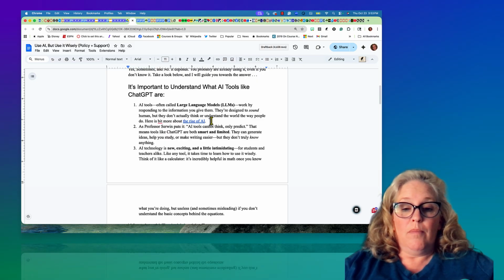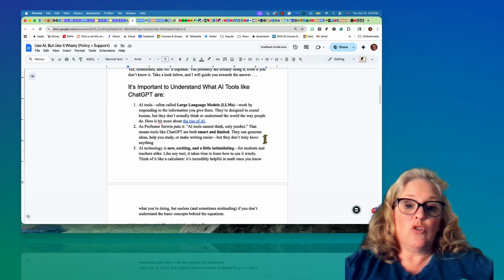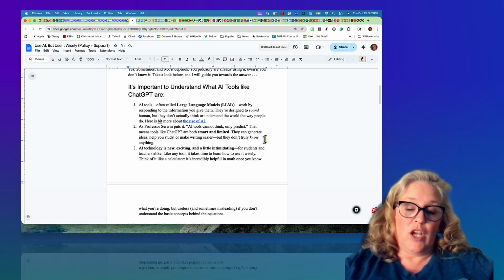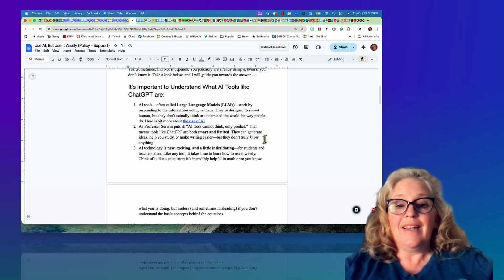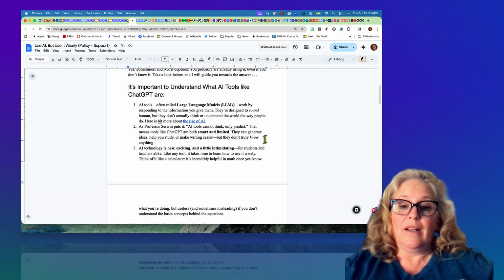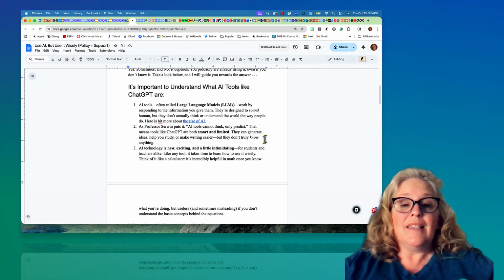I also want to point out that, as Professor Serwin notes, AI tools cannot think, only predict. That means that tools like ChatGPT are smart and limited. They can generate ideas, help you study or make writing a little bit easier, but they don't truly know anything because the information they have comes from the internet.